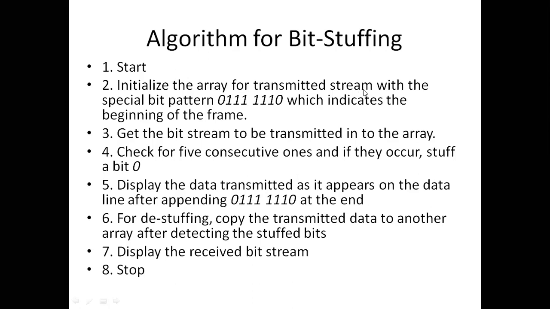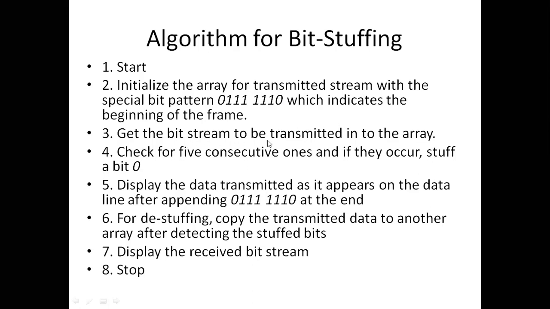We need the data as input, that is the payload field coming from the network layer. That data is treated as input. Here, this is 0 1 1 1 1 1 1 0, which can be treated as the flag, which indicates the beginning of the frame. One more input value is the payload field, which is coming from the network layer.